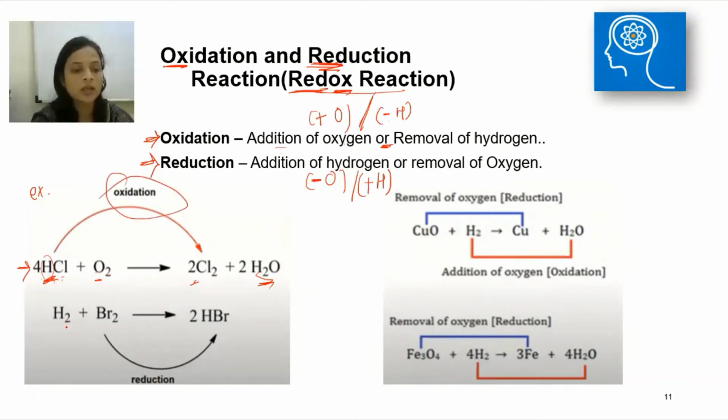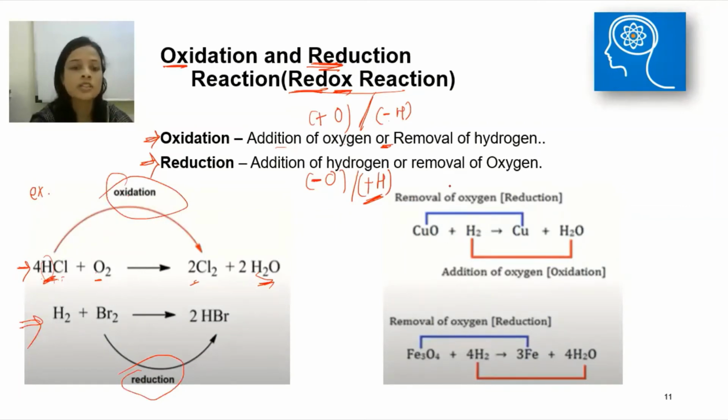Now, here is Br2, and here is HBr, means here is addition of hydrogen. And addition of hydrogen is nothing but the reduction reaction. Got it? So this is oxidation and this one is the reduction reaction.